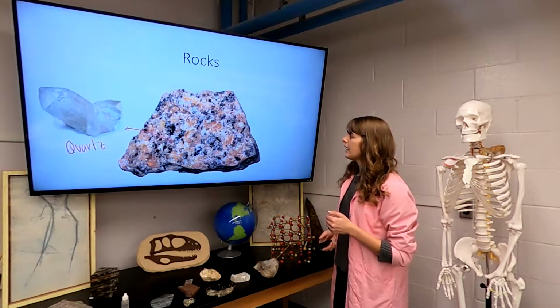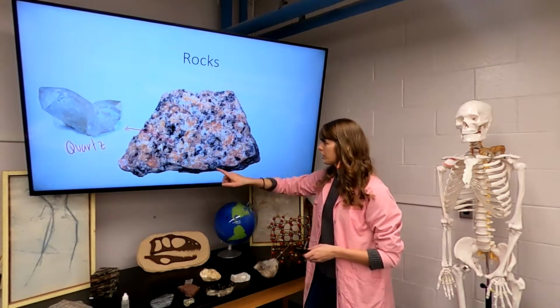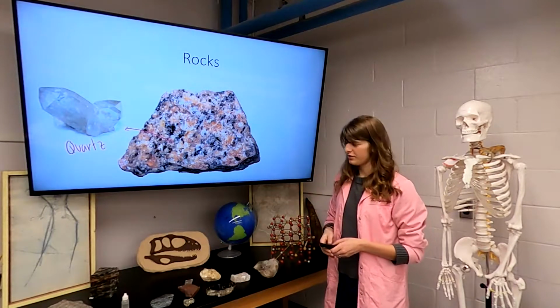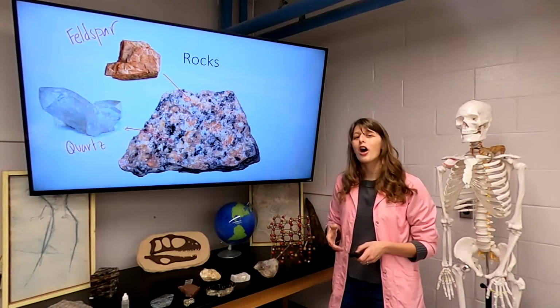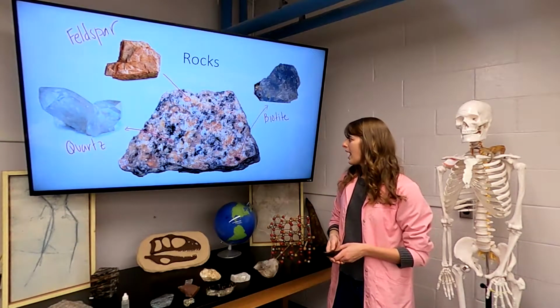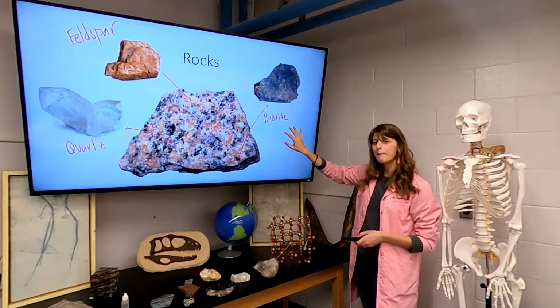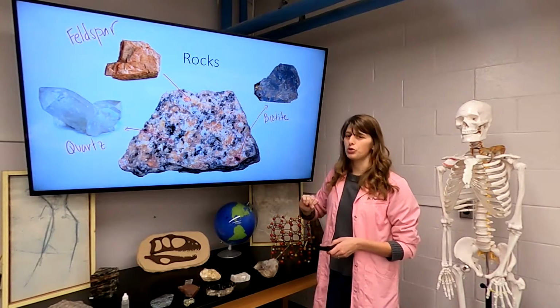For example, the light white to gray minerals that you're starting to see there are all the mineral quartz. We also have pink minerals there, and those are all a mineral called feldspar. And finally, the black platy mineral there is a mineral called biotite. So, minerals combine to produce rocks.